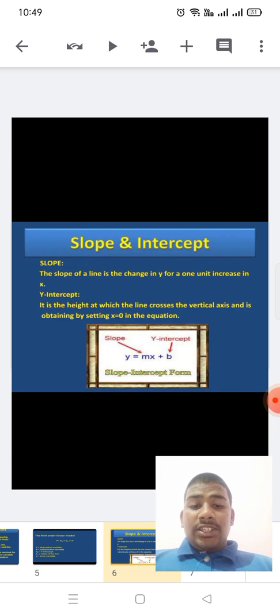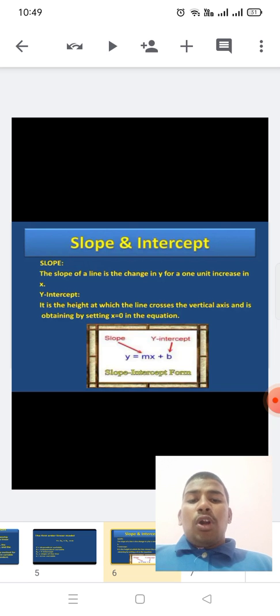Slope and intercept. The slope of a line is the change in y for a 1 unit increase in x. The y intercept is the height at which the line crosses the vertical axis, and it is obtained by setting x = 0 in the equation.